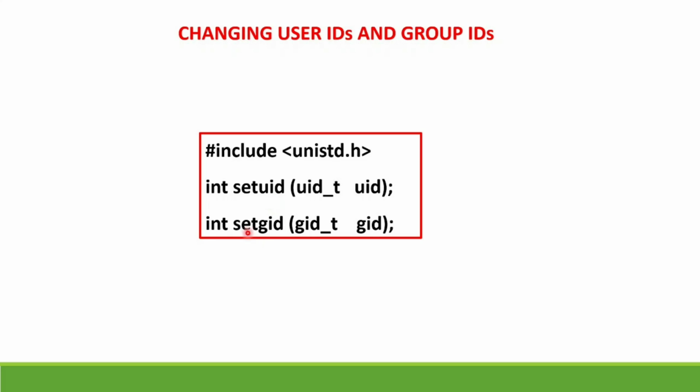Similarly, the setgid function is used to set the real group ID and effective group ID of the process. And what value do these two functions return? They return the same value, that is, they return 0 if the function is successful, and -1 when an error has occurred.